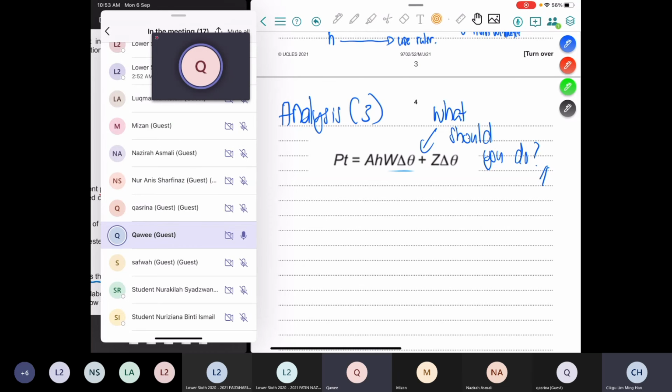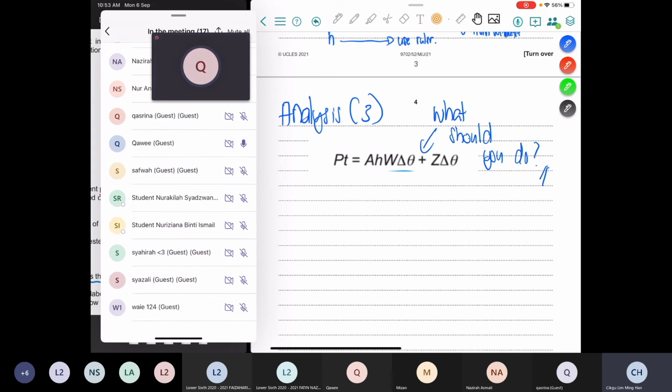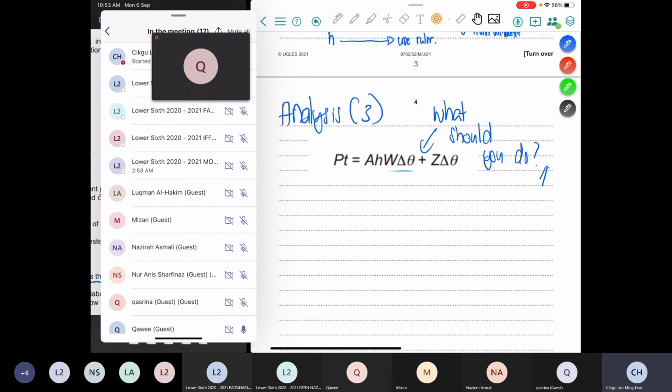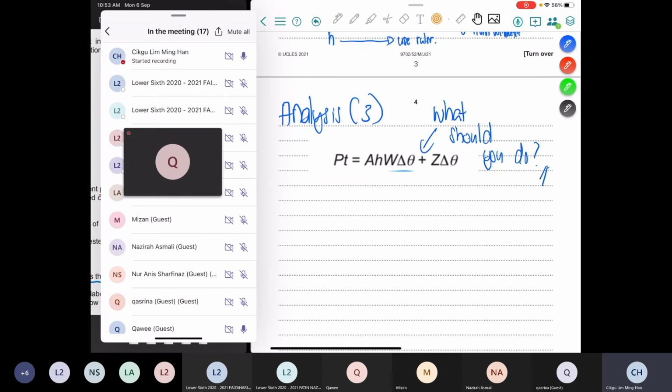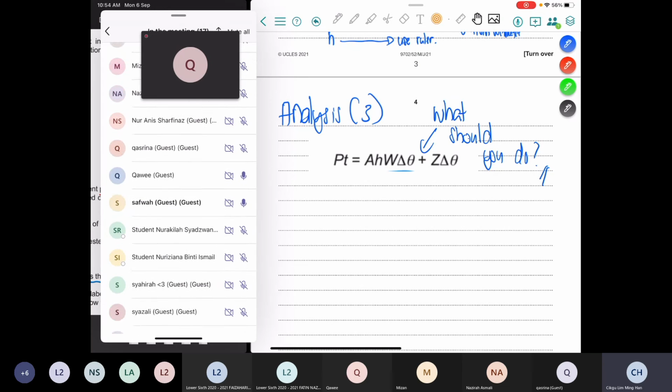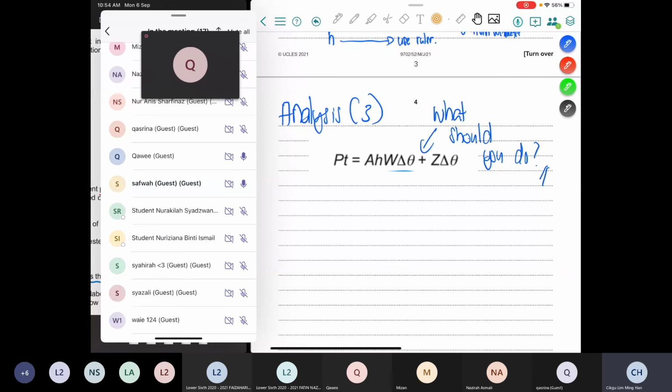What about Safwa? Safwa, what do you think? Make the independent variable the subject. Okay.